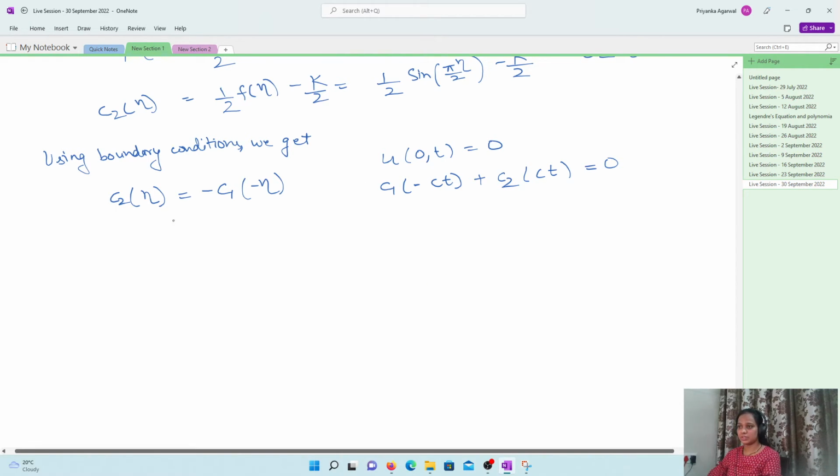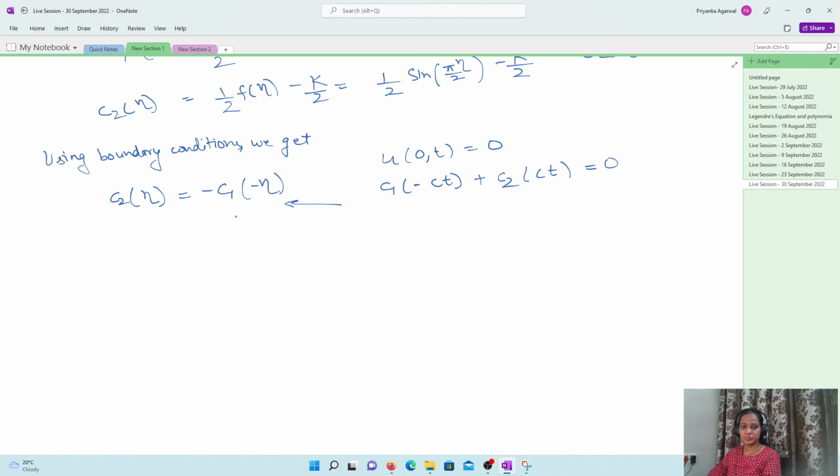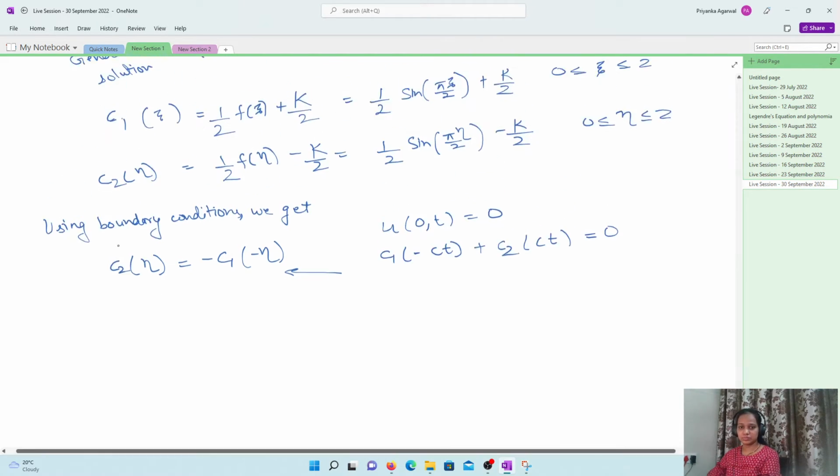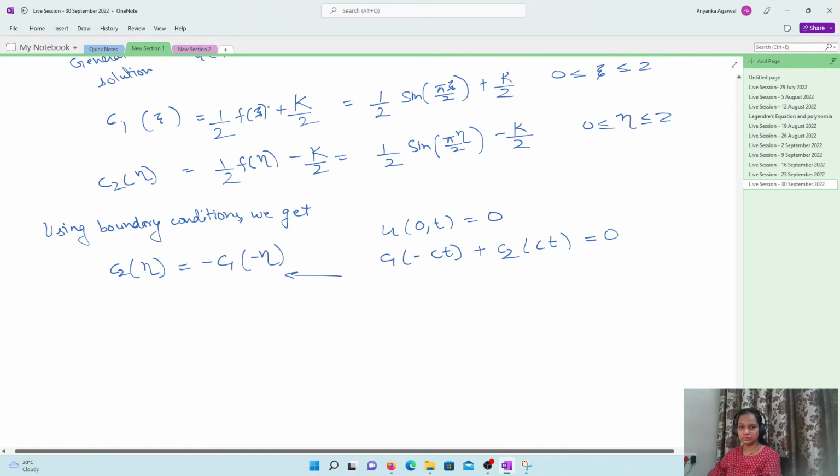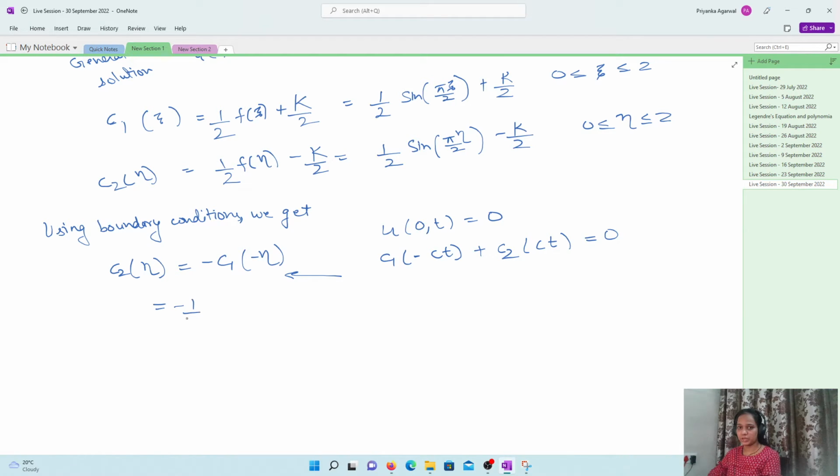Okay, so now we have this which can be written in this form, and once we write it in this form, then what we have here is that this is equal to minus 1 by 2 sine of minus pi beta over 2 minus K by 2, where minus beta is between 0 and 2.